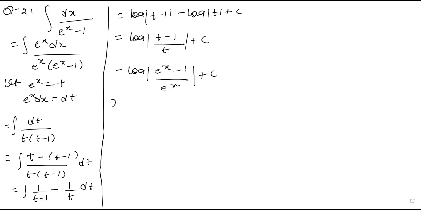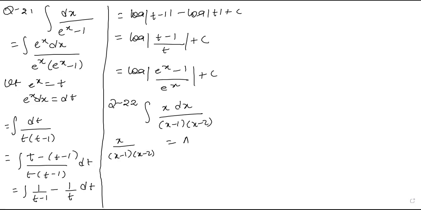Right. Let's try to understand question 22. Integration x dx upon x minus 1 x minus 2. So I want to write x upon x minus 1 x minus 2 as a upon x minus 1 plus b upon x minus 2. If I cross multiply, I will have a into x minus 2 plus b into x minus 1.